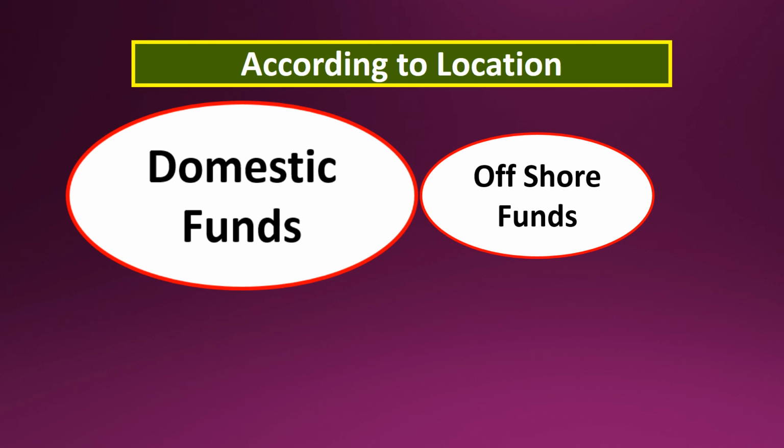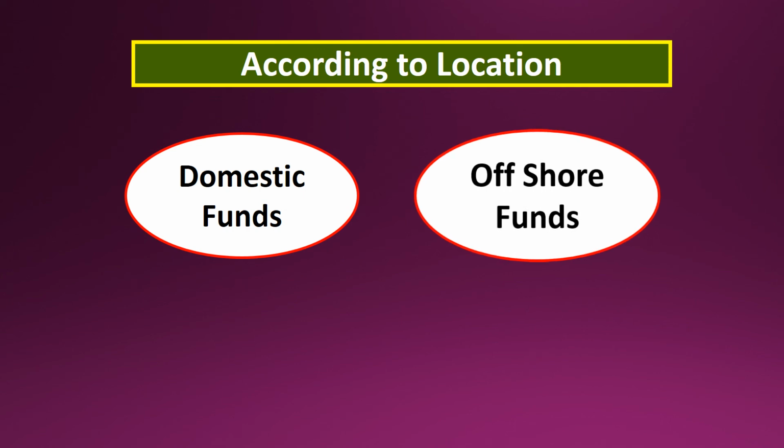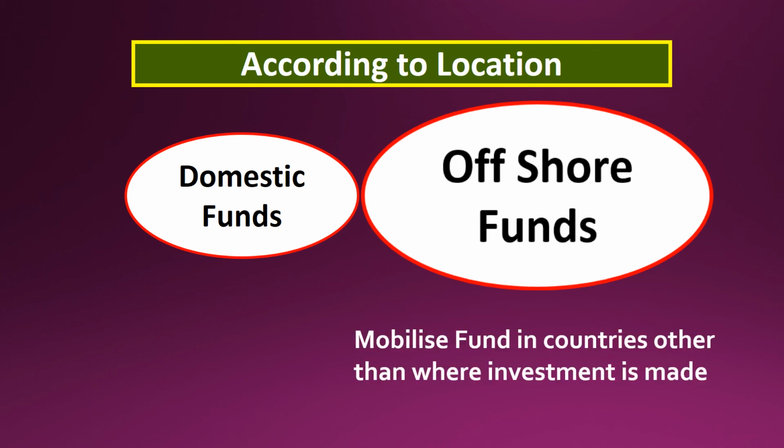Domestic funds can be further classified on the basis of other classifications that we have already discussed, like the scheme of operation or portfolio, etc. The offshore funds are those which raise or mobilize funds in countries other than where investments are to be made. These funds attract foreign savings for investing in a country. So, these are the different types of mutual funds.